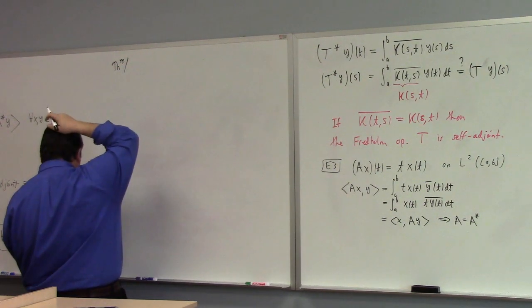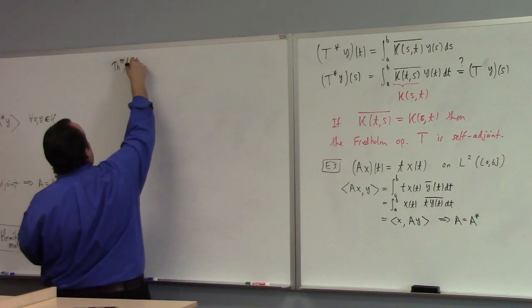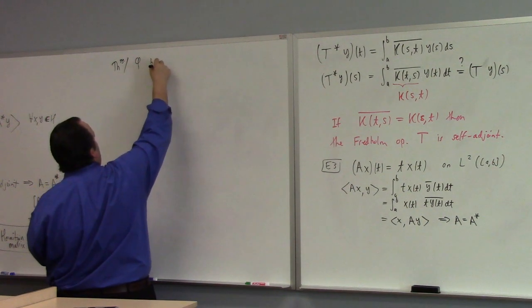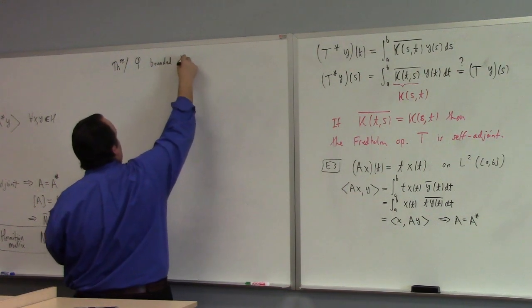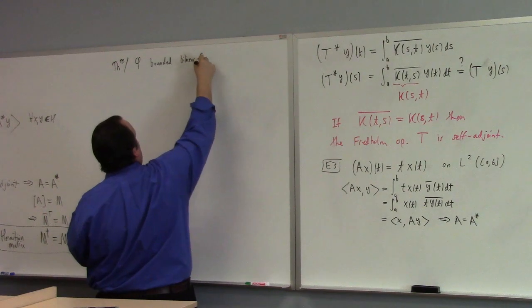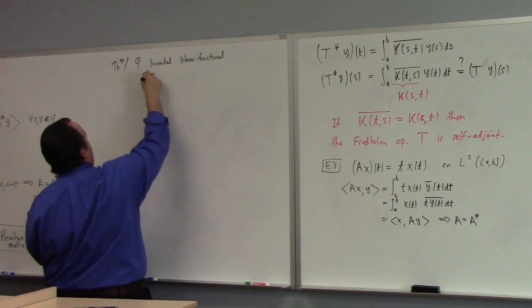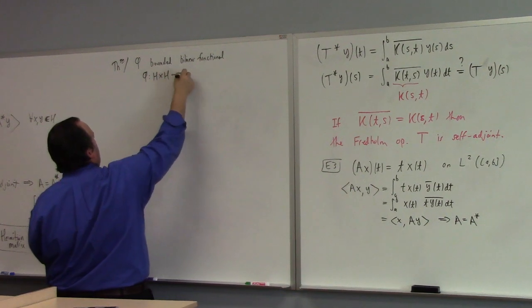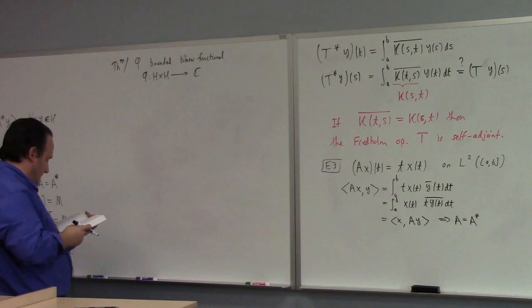All right, so let's see here. Let phi be a bounded bilinear functional. What does that mean? Bounded bilinear? What was a bilinear functional? Well, part of sesquilinear. Oh, right. So phi is a mapping from H cross H to C, right? And it's bounded, so yeah.